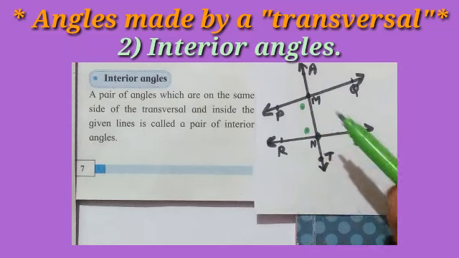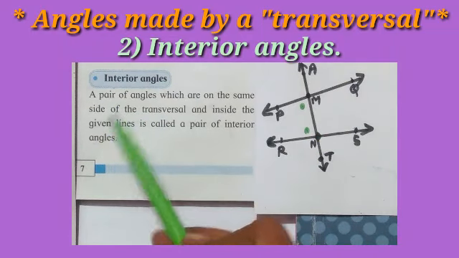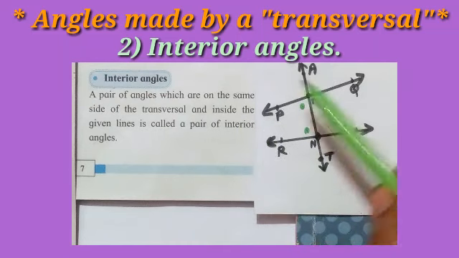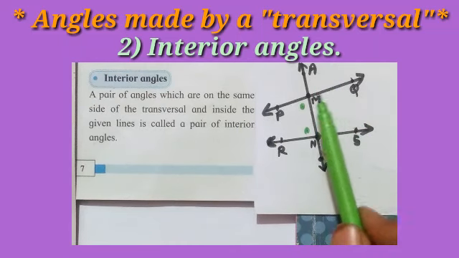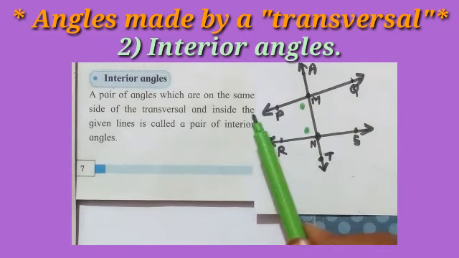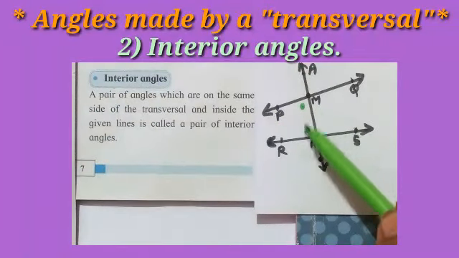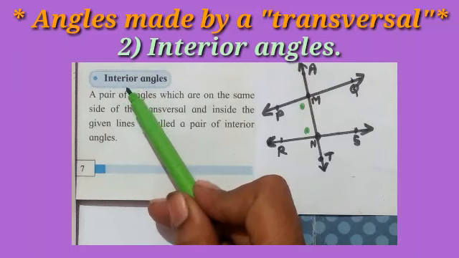This is the first pair of interior angles. The angles are on the same side of the transversal. This one is the transversal. So on the left side and inside the lines, these two angles are there. So this pair is called interior angles.